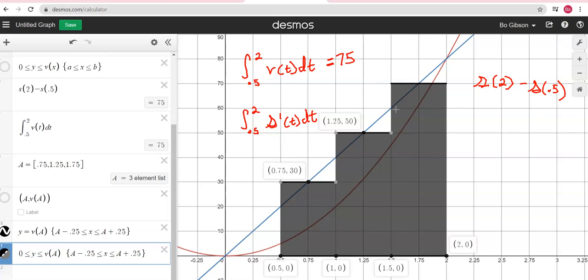From 2 seconds to 0.5 seconds, what's the difference in position? And my claim, and hopefully you can see why it works, is that this expression is going to give me that, and whichever way you want to say it, it's going to end up being 75.